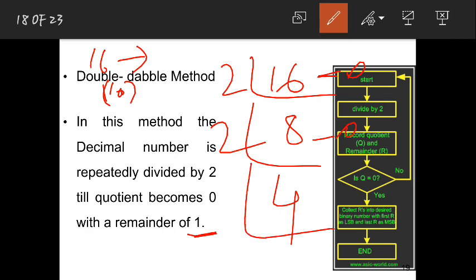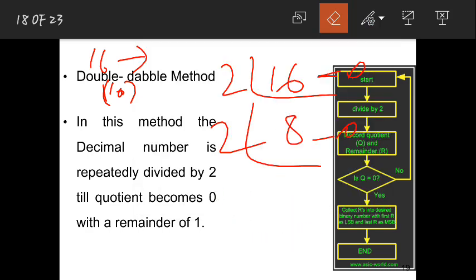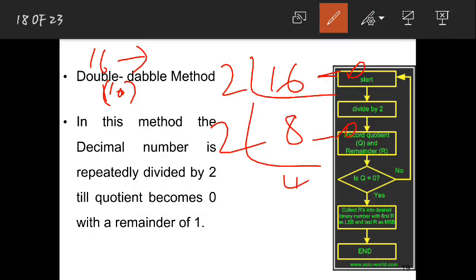Then again I divide 4 by 2, 2 twos are 4, remainder 0. Then again 2 is divided by 2, giving 1, remainder 0.